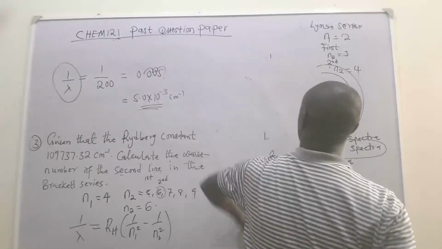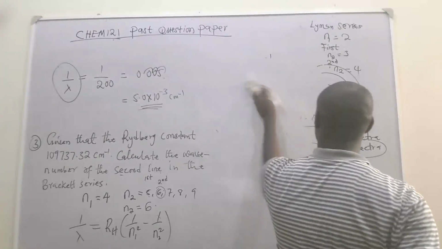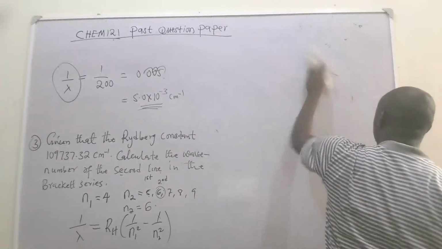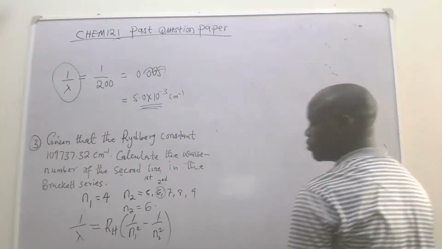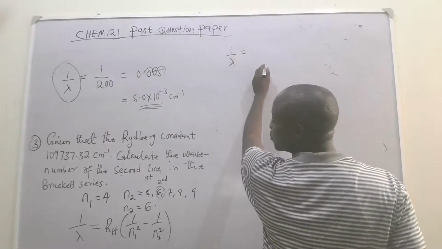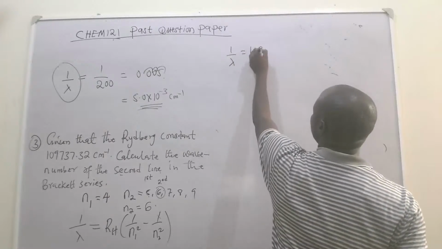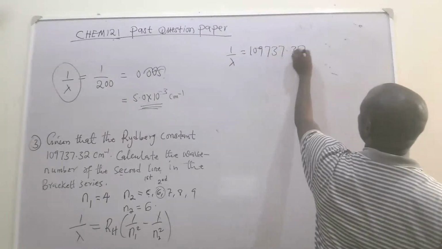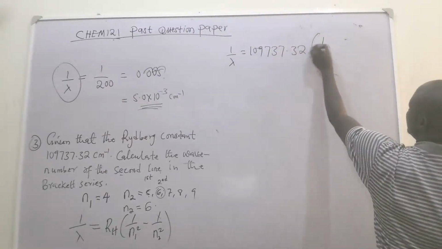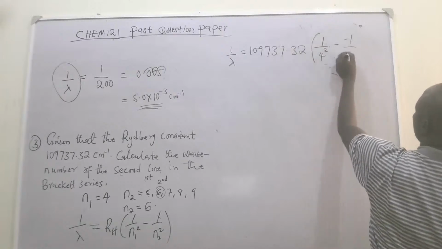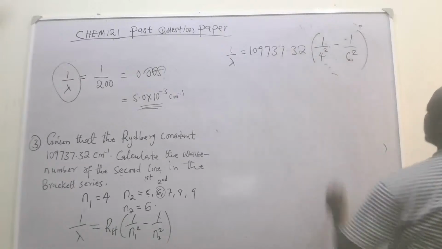Without wasting much of our time, we can easily get this. So we have 1 all over lambda is equal to 109,737.32 open bracket 1 all over 4 squared minus 1 all over 6 squared.